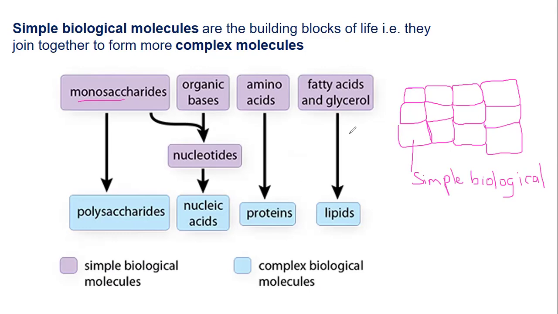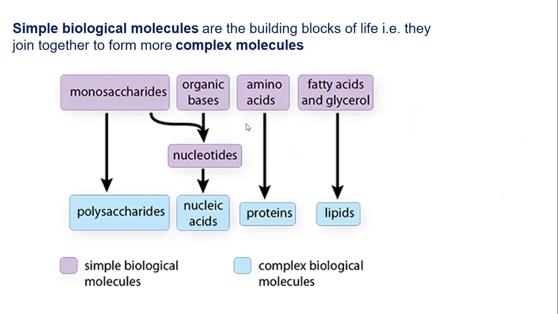Lipids are large, complex biological molecules, but they are made up of simpler biological molecules known as fatty acids and glycerol. We are going to look at all these simple biological molecules and the large complex biological molecules so that we understand how these simple molecules make up the large molecules in further detail as we go along in the topic.